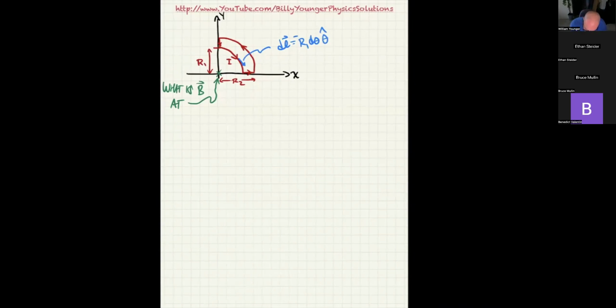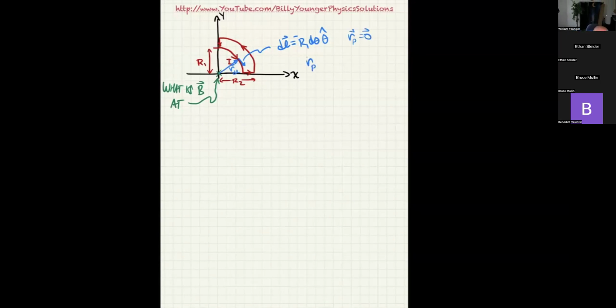So that's okay. And this vector right here is the vector RDL. The vector RP, on the other hand, is in fact the zero vector because P is at the origin.